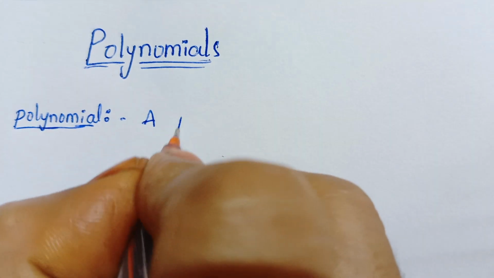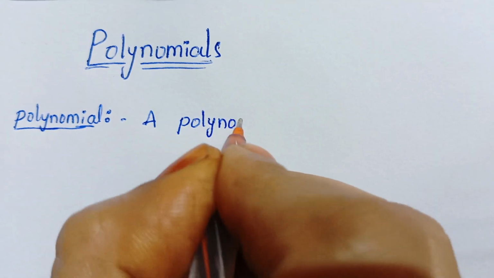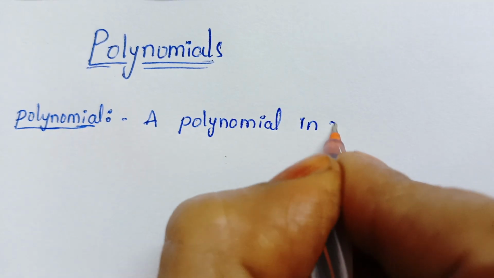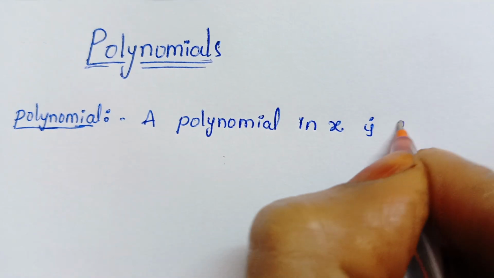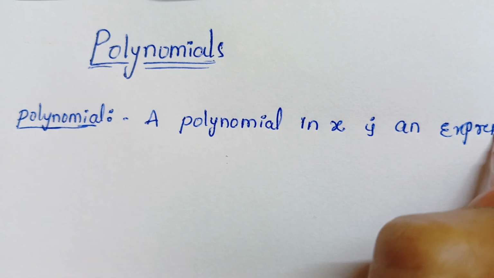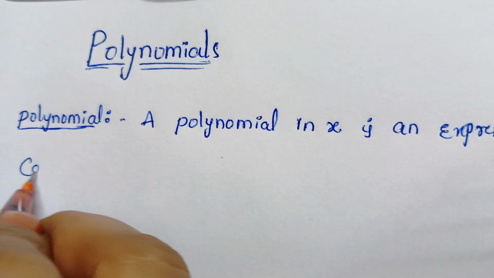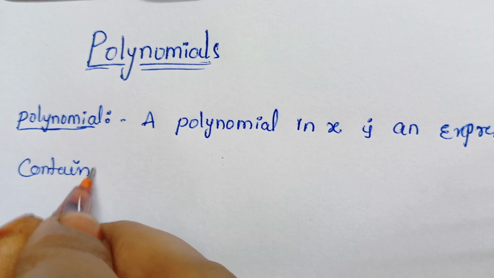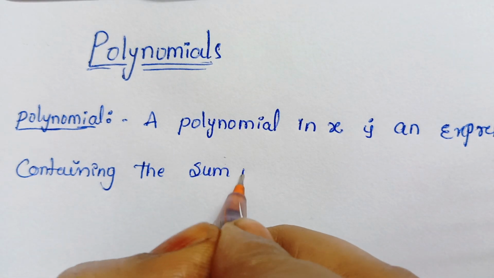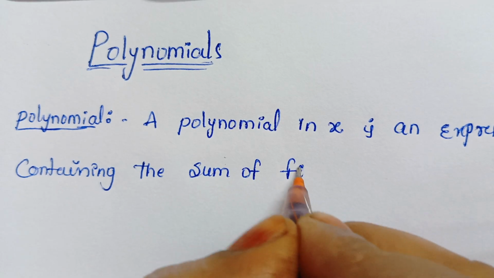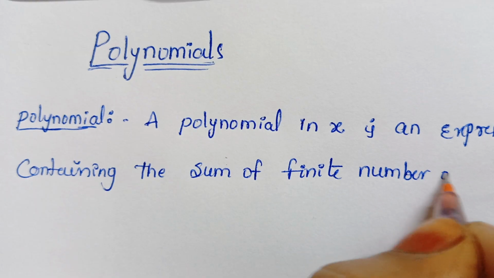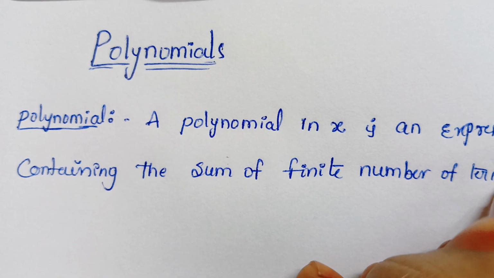A polynomial in terms of x is an expression, so I am writing here: a polynomial in x is an expression containing the sum of a finite number of terms in the form of ax power n.